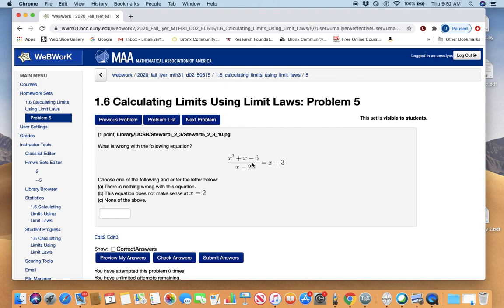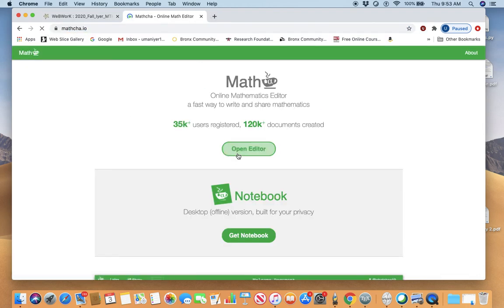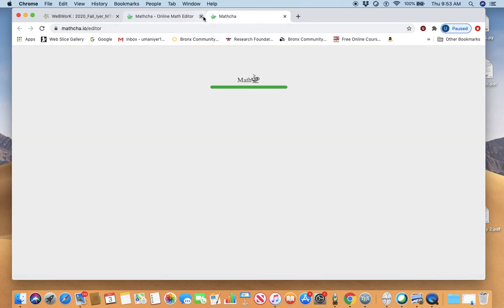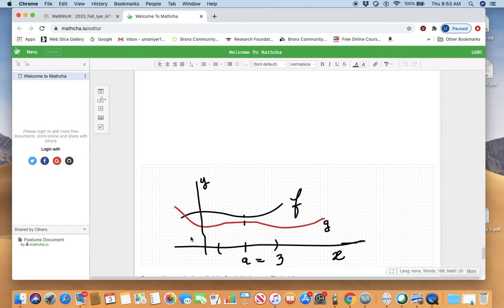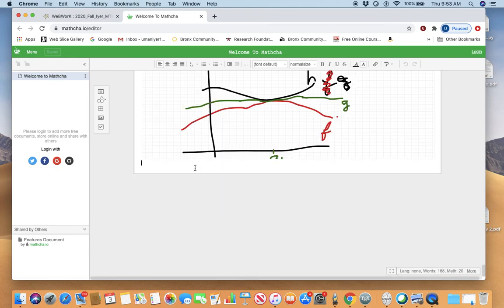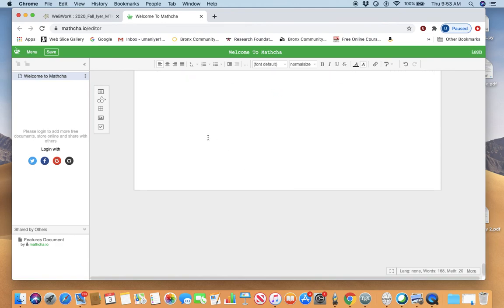Next. Now, what's wrong with the following equation? x squared plus x minus 6 over x minus 2 is x plus 3. Let's figure this out. So what are we saying here?